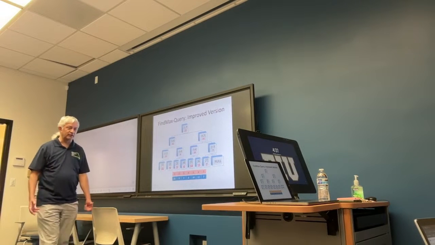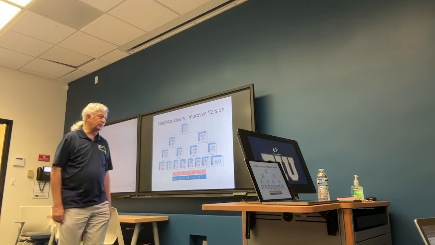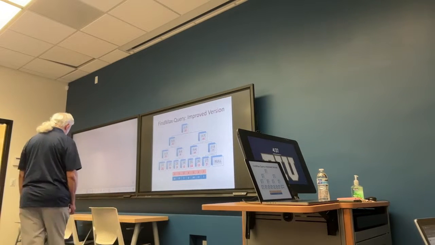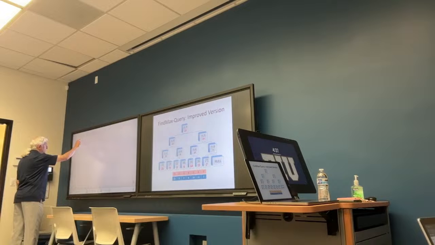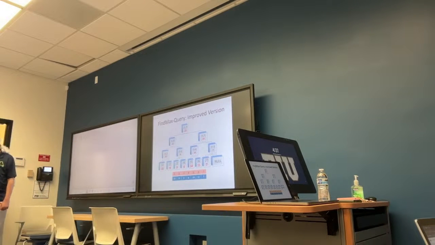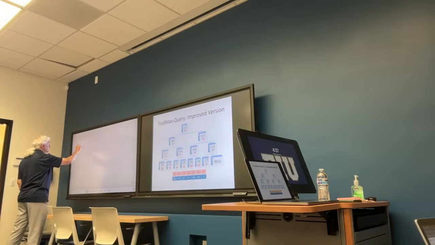Say 4 to 6. 3, 6. You want 3, 6. Okay, 3, 6. So let's say we want to search for the range 3, 6. All right. So the way we're going to go about this is we're going to isolate this problem to first search for 3 and then search for 6.